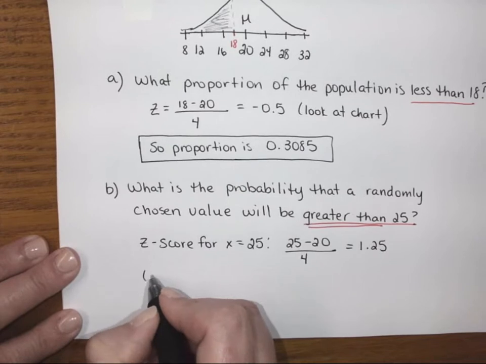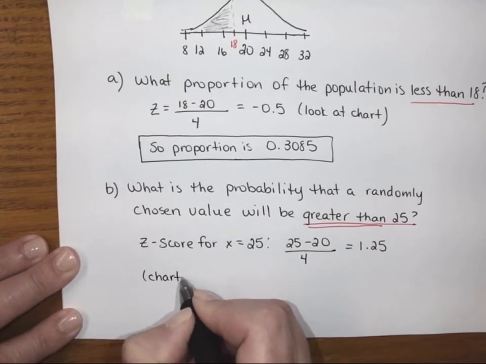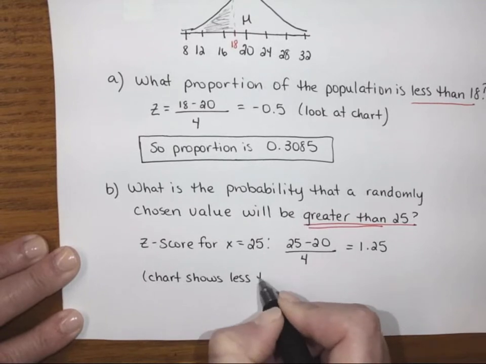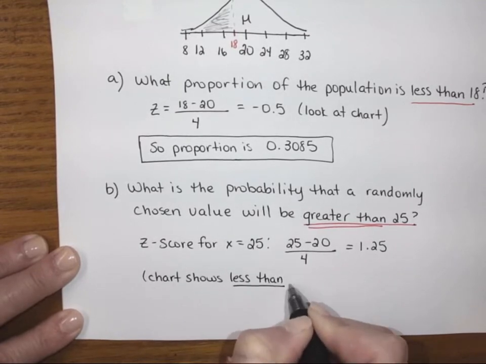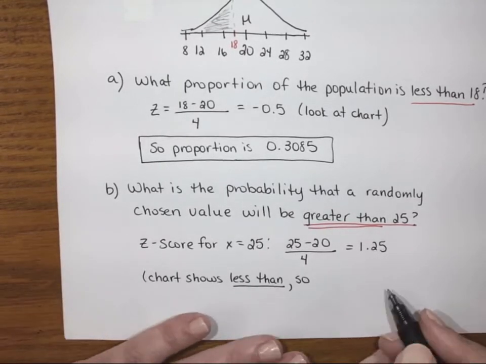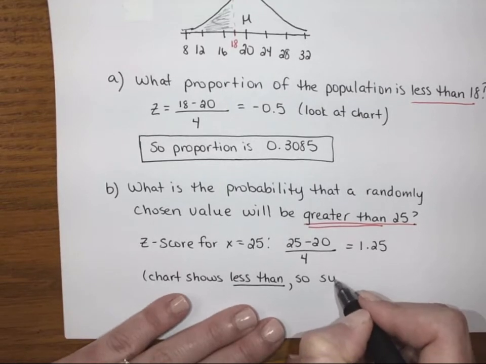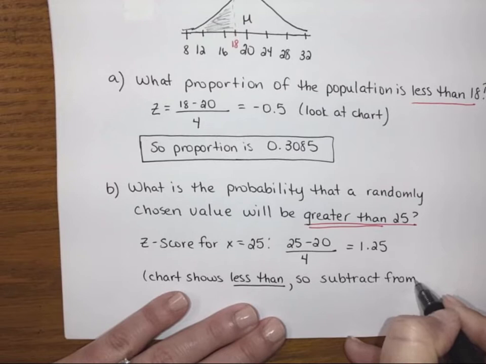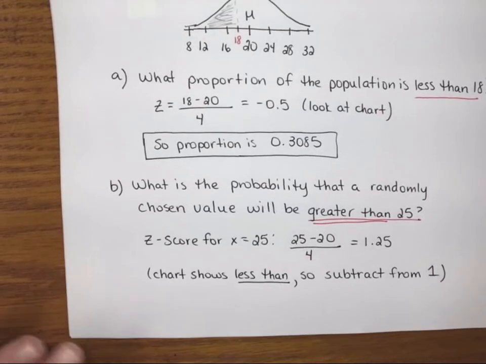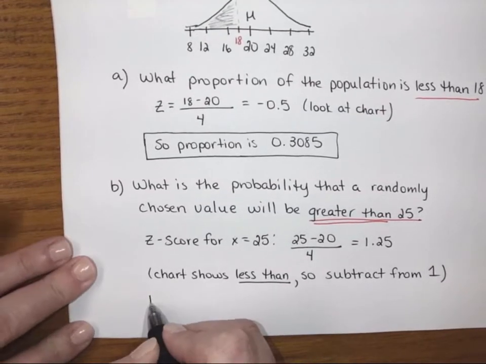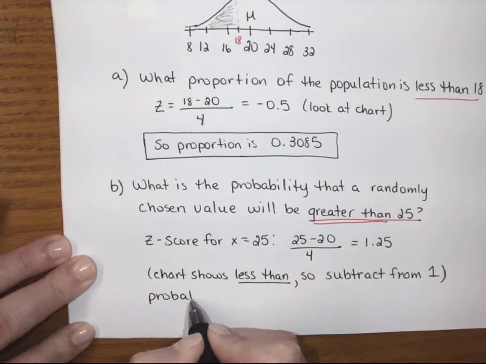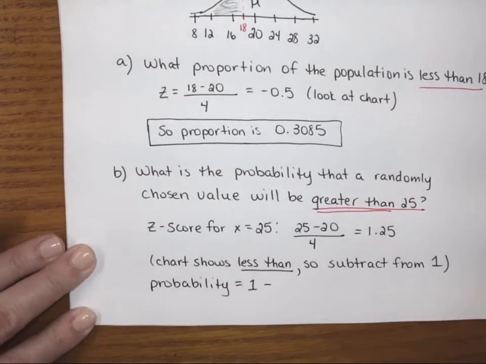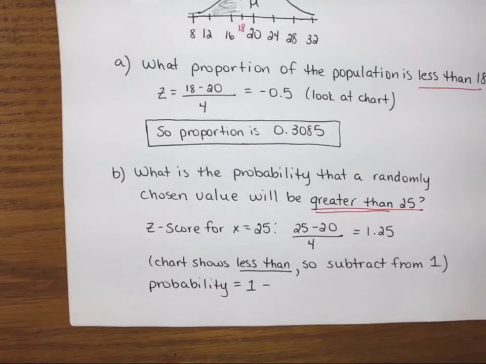But just to remember, the chart shows less than. So we need to subtract whatever value we get from 1. So the probability is going to equal 1 minus whatever we read from the chart at 1.25.